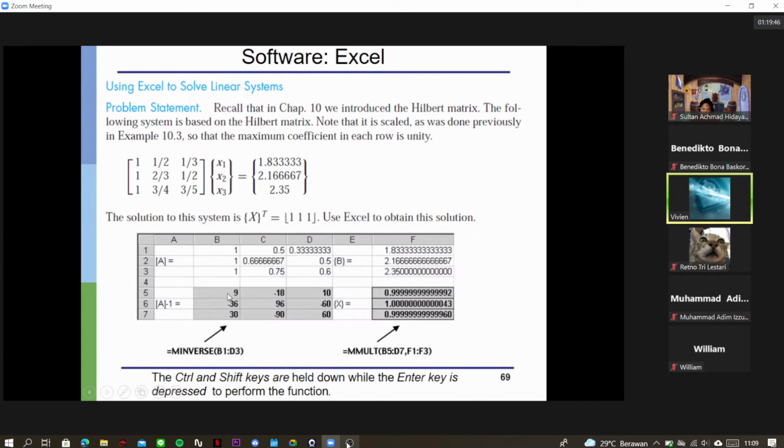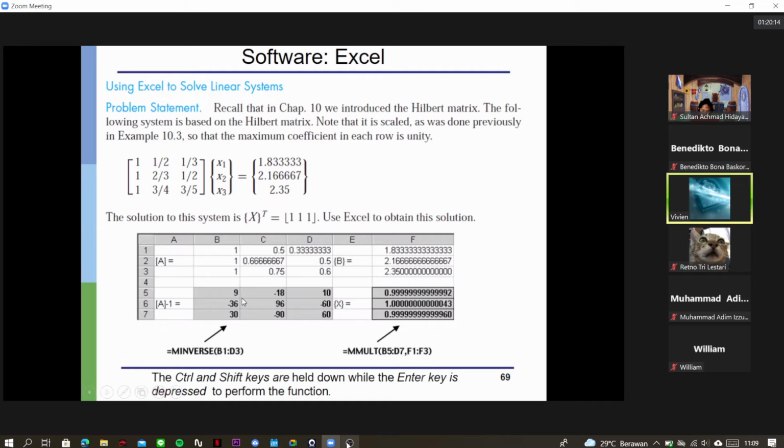This is to make sure that it fills all of the cells here, not only one cell. Because if you press enter only, it will only fill one cell. To make sure that it fills all the cells, from B5 up to D7, you have to press Control and Shift keys together when you press enter.